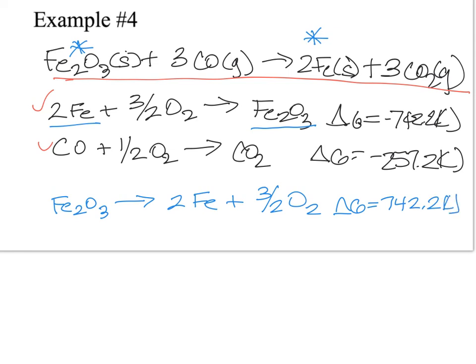Now the next reaction, I've got 1 carbon monoxide and 1 CO2. Up here I have 3 of each. So I want to multiply the whole reaction times 3. 3 carbon monoxide plus 3 halves oxygen goes to 3 carbon dioxide.